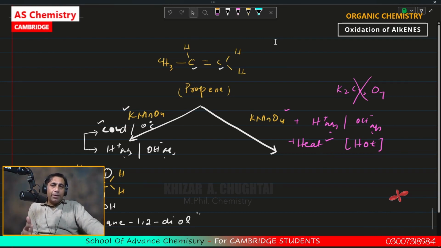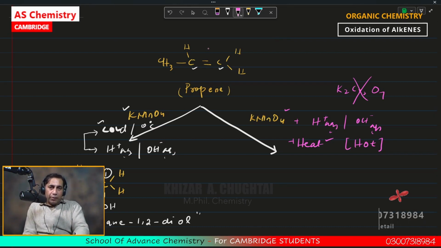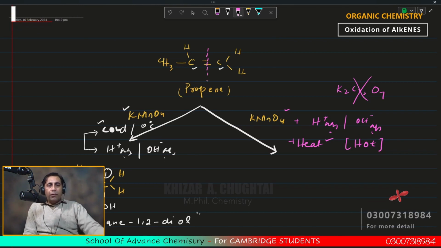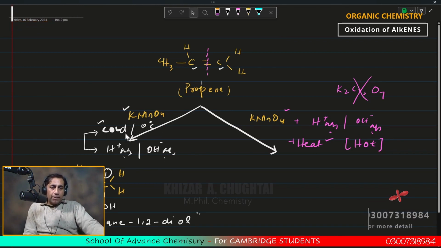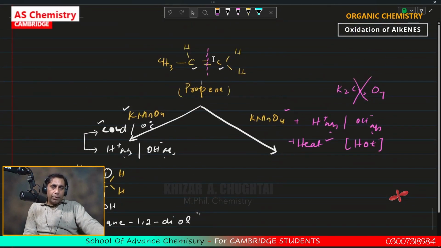What will happen if we heat this alkene? Both bonds of the C=C are broken. When we add cold KMnO4, only one of the bonds, the pi bond, is broken, and there is an addition of an OH group.